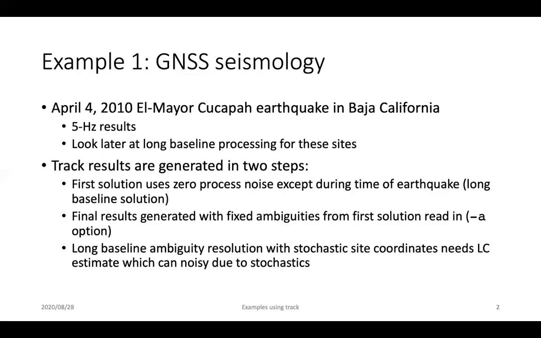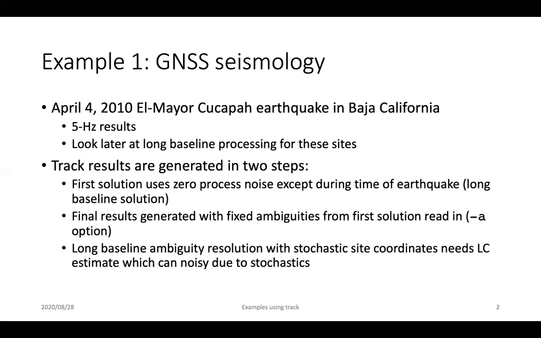So example one here is this example of GNSS seismology, and we will look at the 2010 El Mayor-Cucapah earthquake in Baja California, just over the southern border of the US into northern Mexico. We'll look at 5 Hertz results. So this is 5 records per second, and later look at some longer baseline processing for the sites as well.